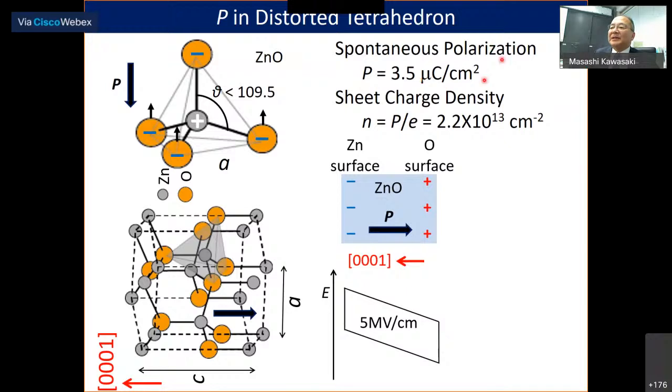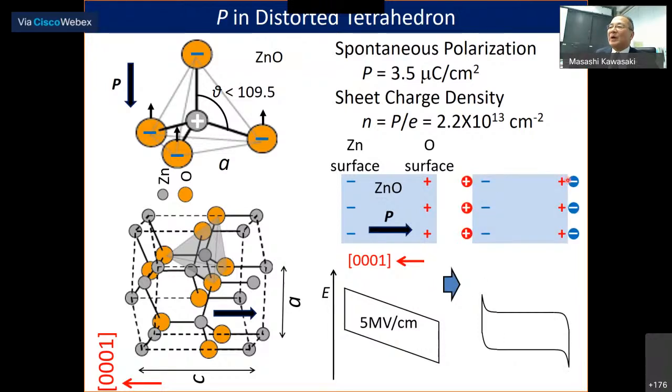The electric field inside the substrate from this spontaneous polarization must be something like 5 megavolt per centimeter. But this cannot be real in the real world, and we always have surface contamination or an electric double layer. So inside the crystal the band structure tends to be flat, and at the surface, on the backside and front side, you have some double layer or some electric field.